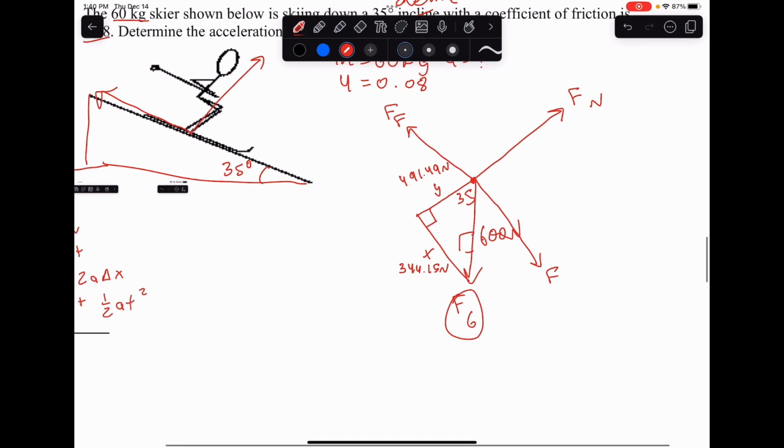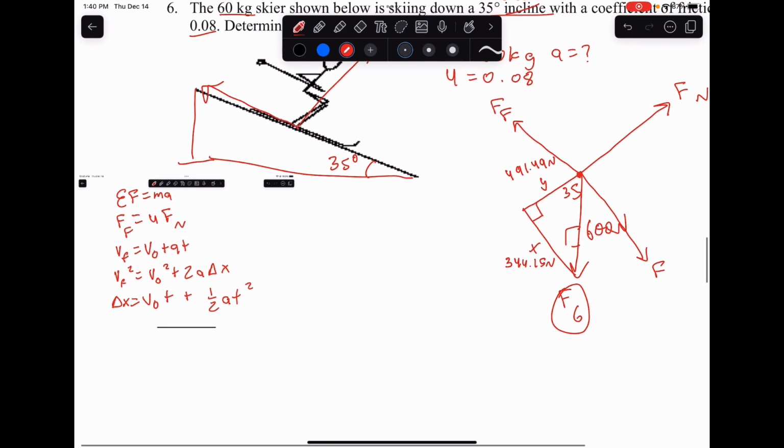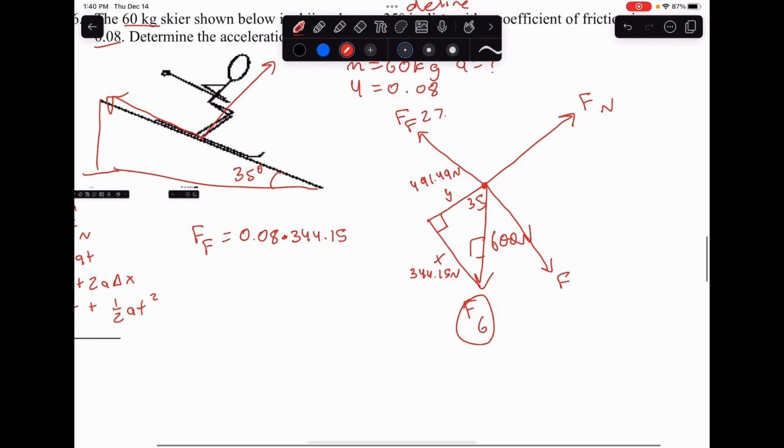minus that friction. So we have the coefficient for the friction. 0.08 times 344.15. So now we have 27.53 as this friction. Or actually, even that's off.